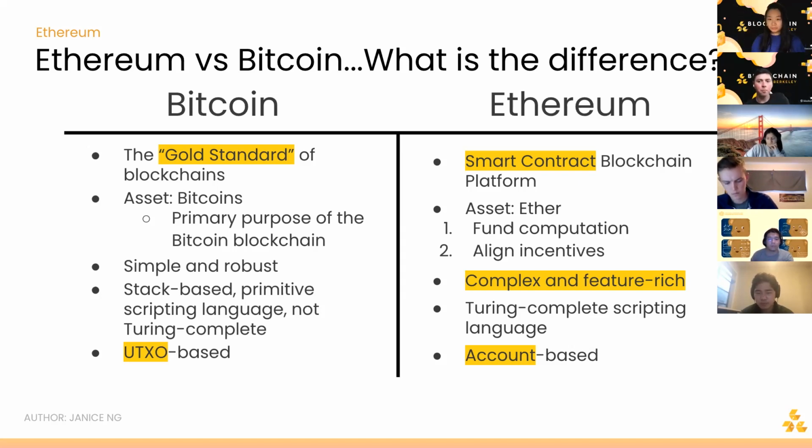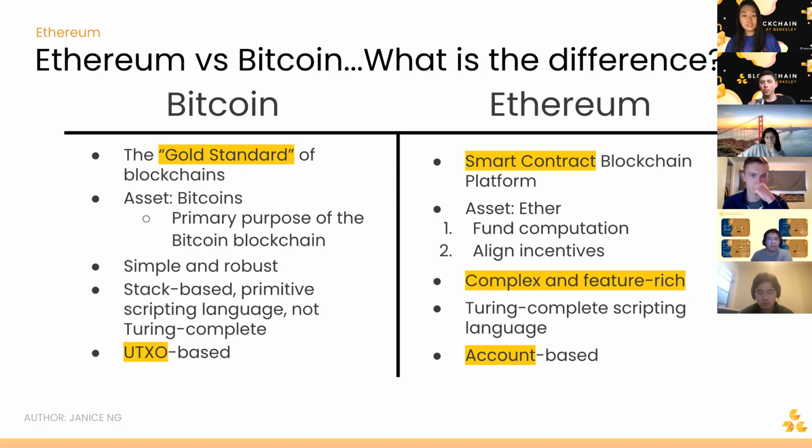All right, but how about Ethereum? Ethereum is a smart contract blockchain platform. It's meant to execute these contracts that are written, and it's seen as a distributed world computer. And the asset is Ether. It exists to fund computation and also align incentives. The main purpose is not just a global payment system like Bitcoin, but it supports a little bit more features, like running programs on Ethereum, for example, decentralized apps, dApps for short.